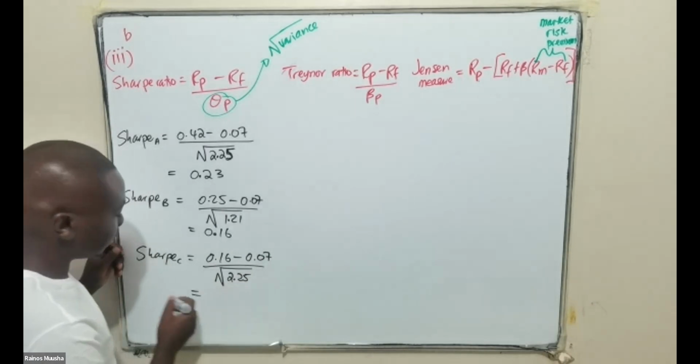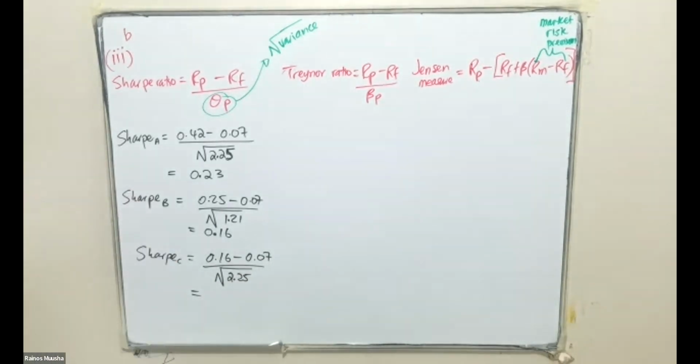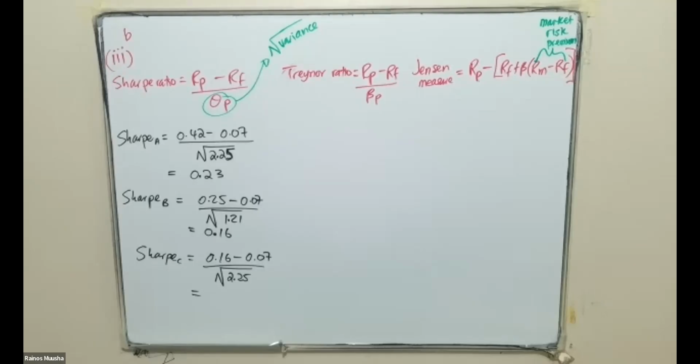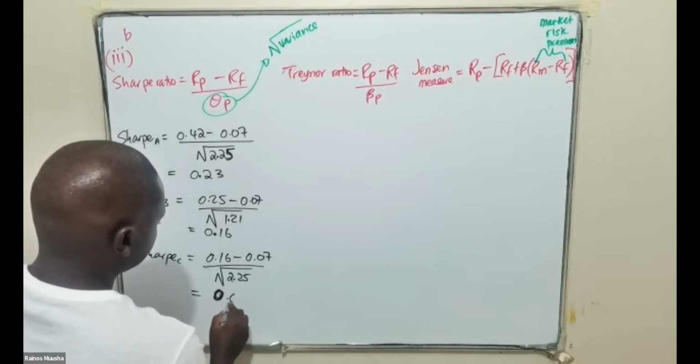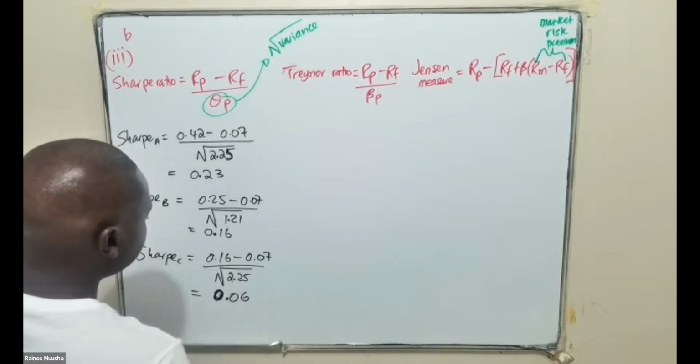So given this information, how much is going to be the Sharpe ratio for your portfolio? 0.06. Are we getting the same amount?